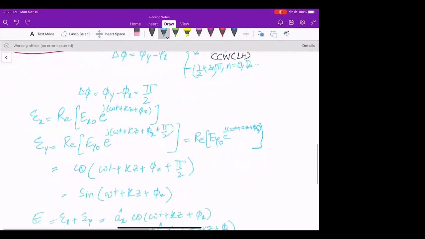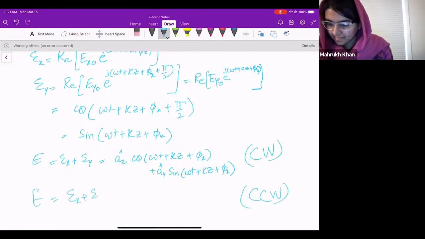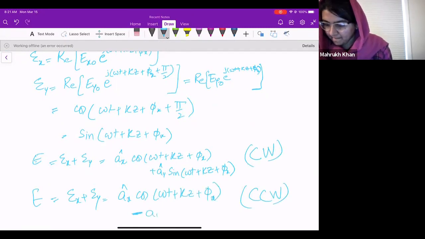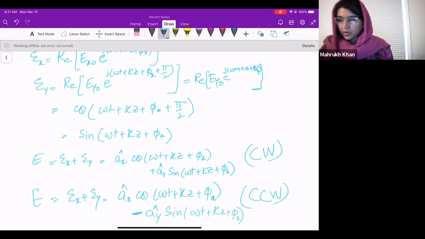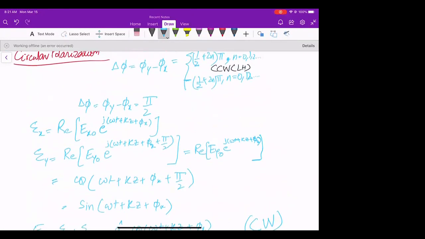Which means that if this was the clockwise, then this is clockwise. If it is counterclockwise, it will be different. Got it? Yeah, there should be a minus here.